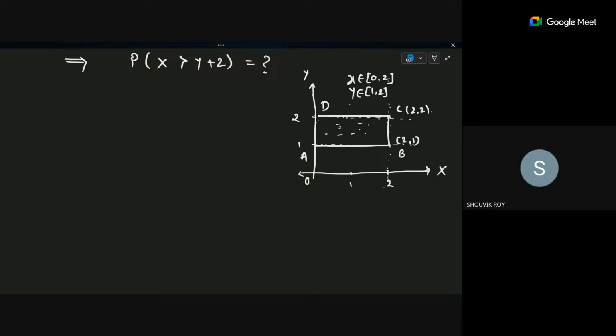Ma'am, if we take it as a perpendicular rectangle, I think that would be the correct shape, because if you take any point from 1 to 0 in the y range, there will be no point for y, because there is a blank space, since the x range is starting from 1 to 2. But ma'am, we are not discussing that. I am explaining why we took this region.